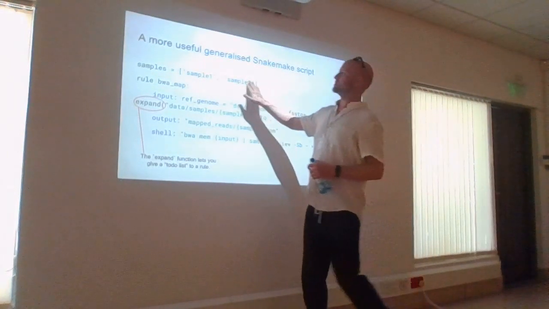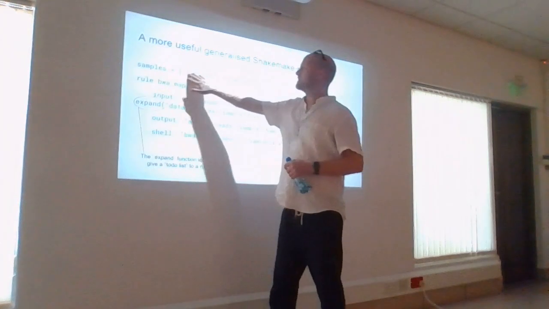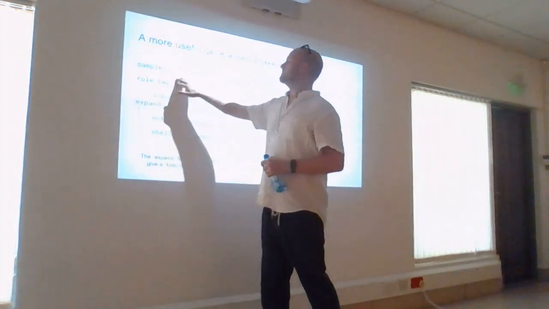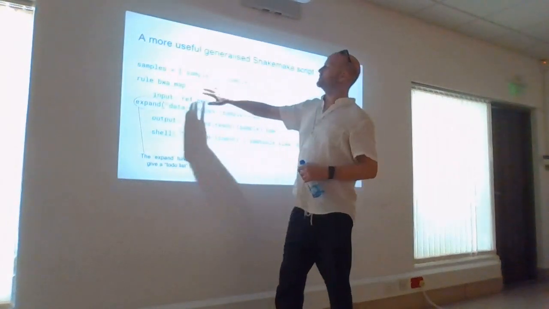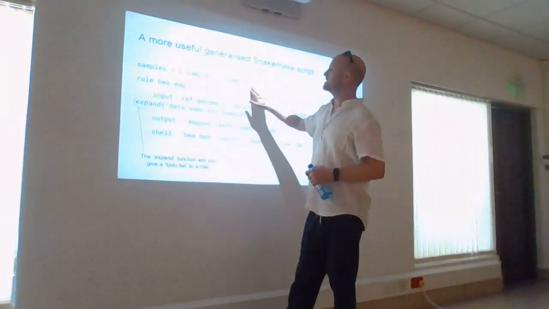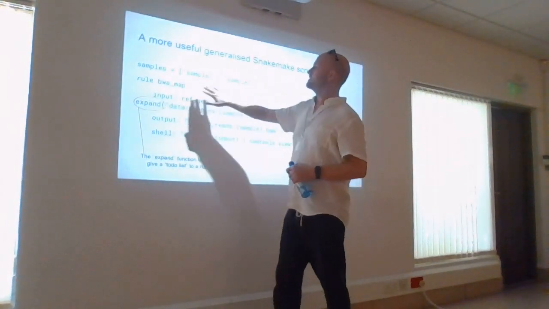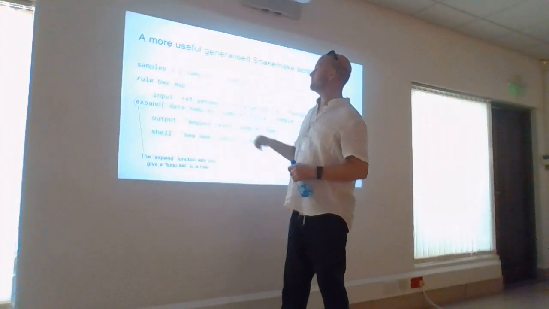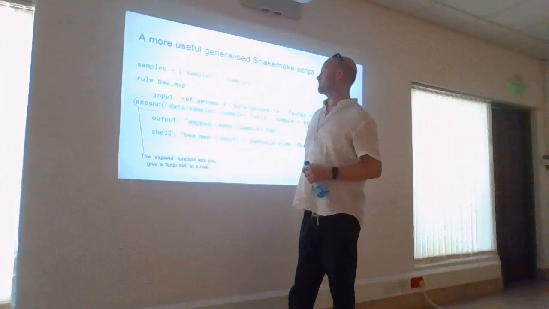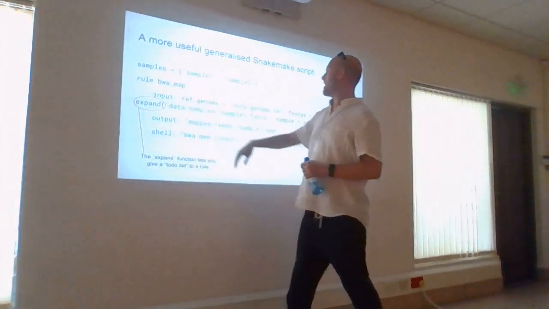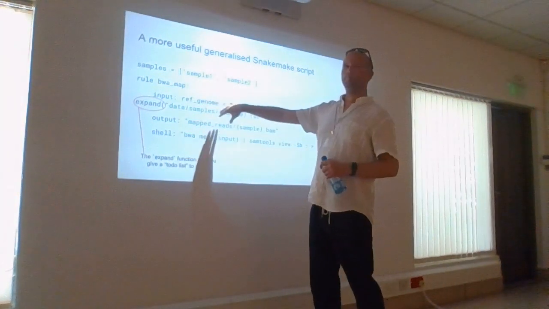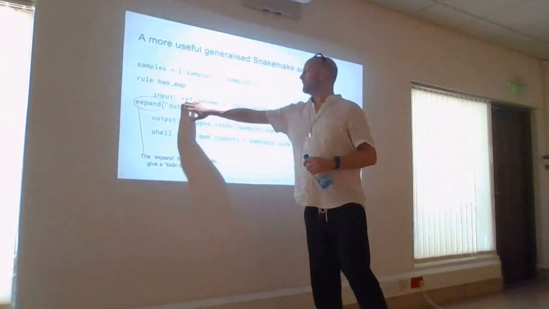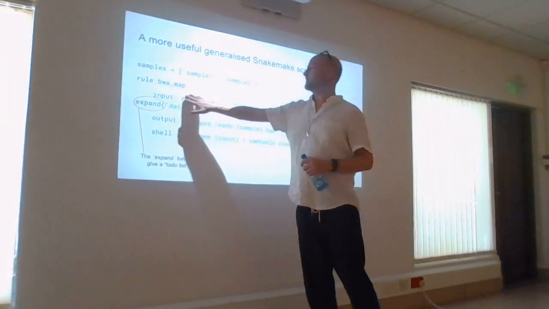Here we have just a Python list, because remember that Snakemake is just Python with a few added extra bits, quite a lot of added extra bits, but we specify a list in the same way as we would in Python. So we say samples equals sample1 and sample2, and now we have a very similar rule, bwa_map again. Now we're being a bit more explicit, and we're saying that for the input, we're going to give this a name now.